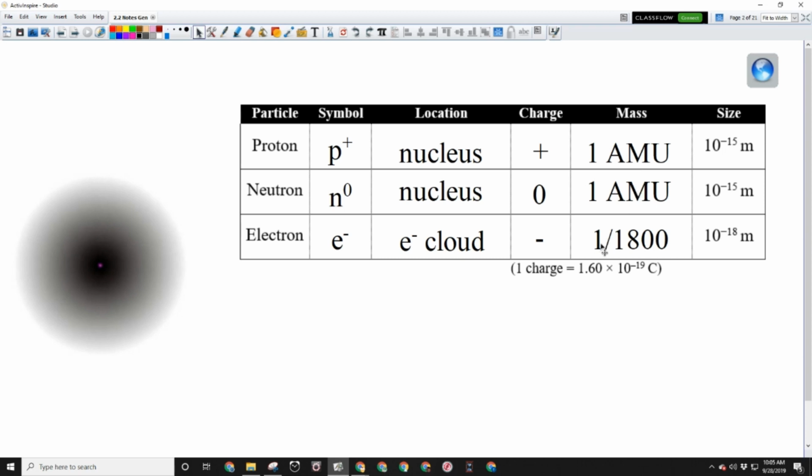Even though it does have mass, it's very small, so many times it's not even counted as part of the mass of the atom. You'll hear sometimes that electrons have no mass, but that's technically incorrect because it's 1/1800th of one proton or neutron, 1 AMU.